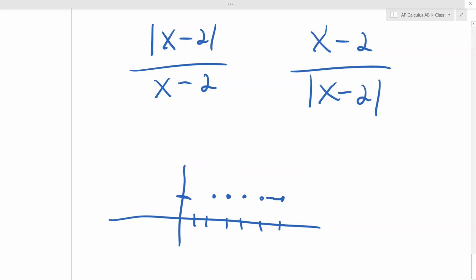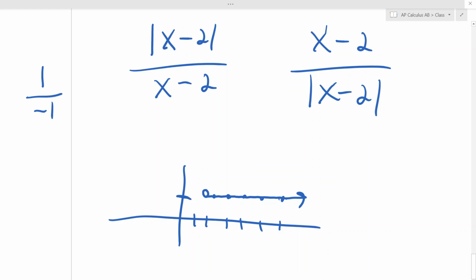But if I plug in a 2, I get 0 over 0, which means, not limit-wise but for the function, there's no point there, right? That's what that looks like. It's just 1 all the time up to there. But if I plug in values on the other side, like 1, when I plug a 1 into that, I get 1 over negative 1.